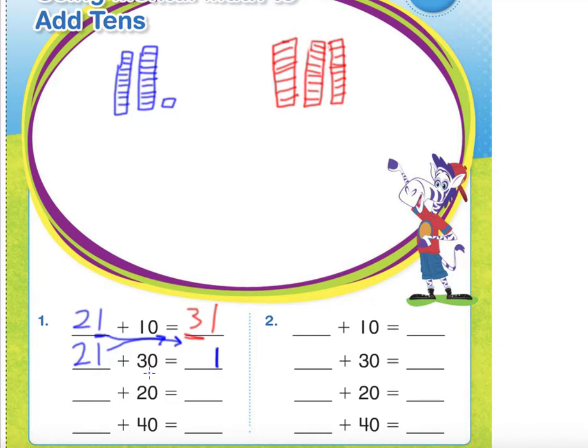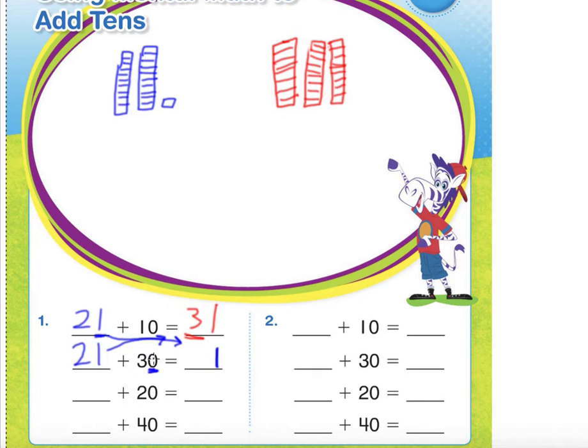Because we're only adding tens. When we count by tens, every single number that we count by has a 0 at the end, which means we're not adding any ones, we're just adding tens. Okay? So let's look at our little picture that I drew for us up here.